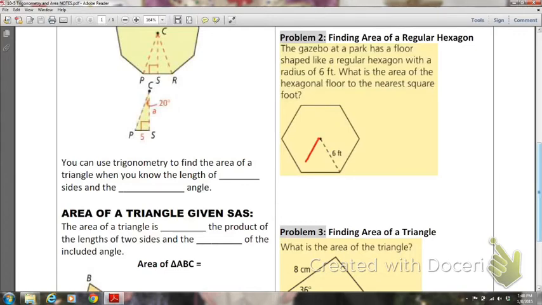If I look at this triangle, remember with any hexagon, there are 6 equilateral triangles inside.